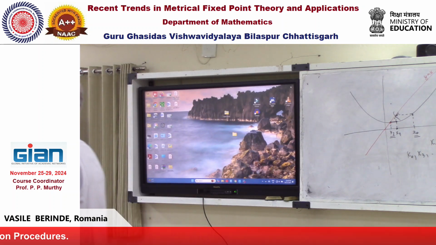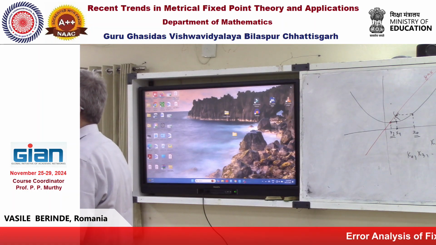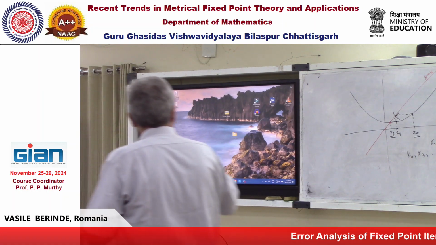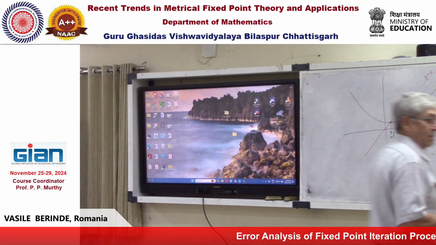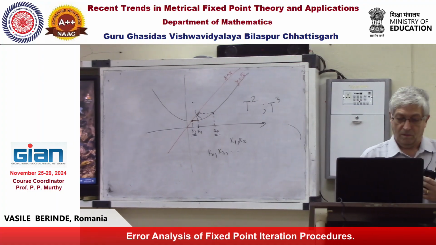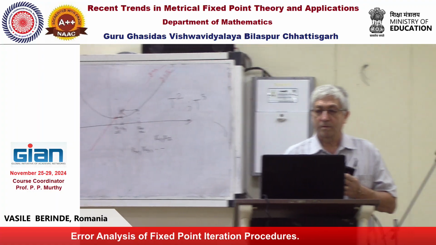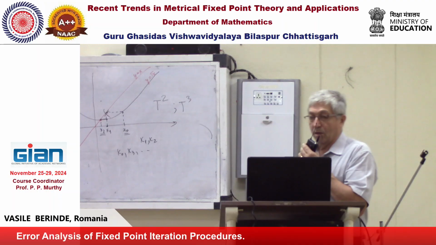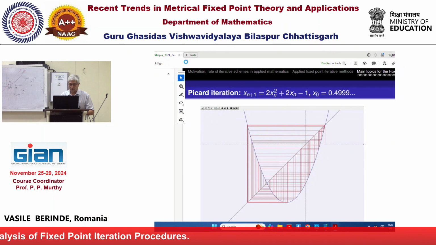Also, sir, you have drawn trajectories. Why did you draw these trajectories, and what kind are they, orthogonal trajectories or something else? And there are intersection points, then we have fixed points.